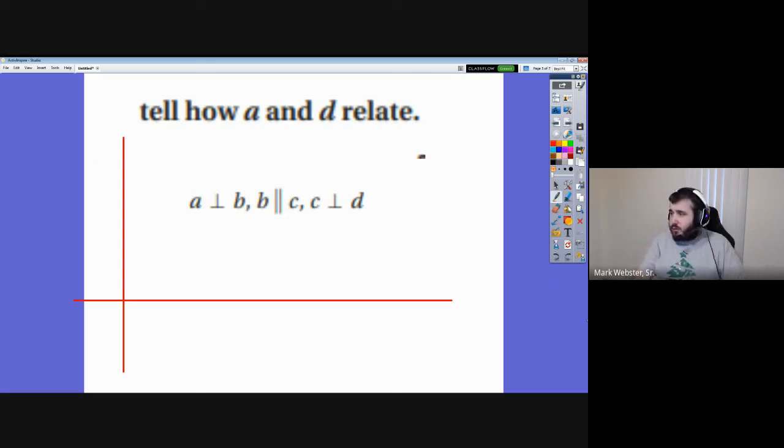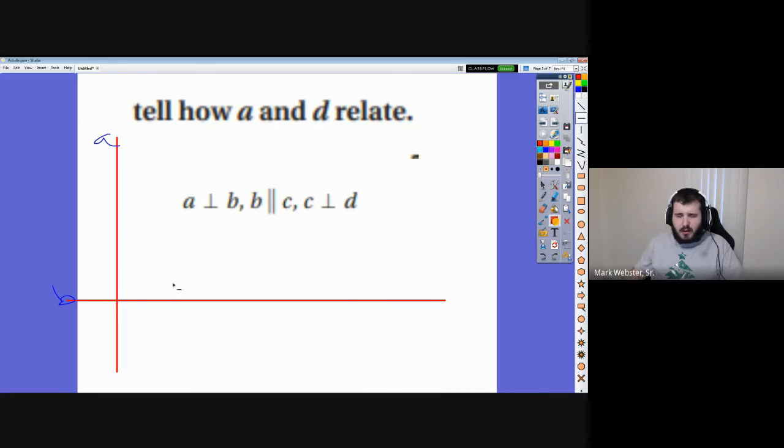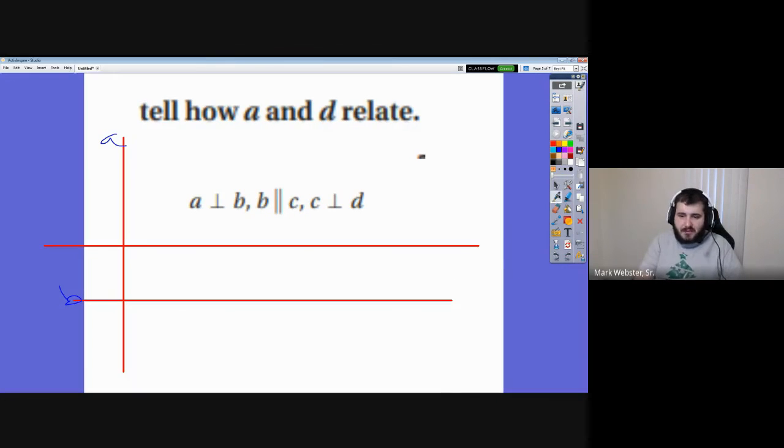And labels so that you don't get lost, right? Here's A. Here's B. Now, what do we know about B and C? Our new line that we're going to draw, C, is parallel to B. It doesn't matter where we draw it. I'm just going to draw it over here. So we'll call that C, right?